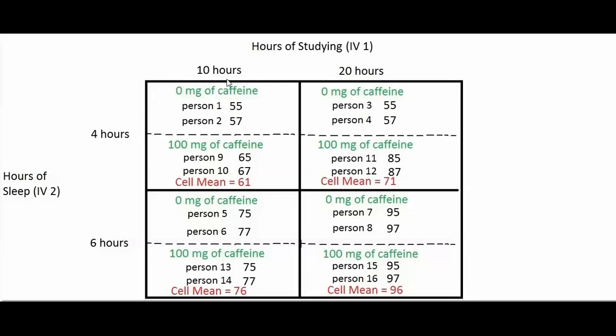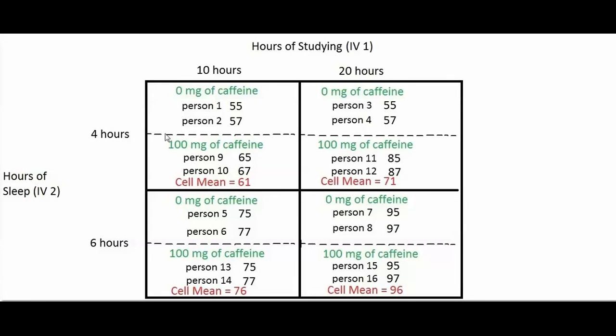So right here, in this cell, we have all 4 people who experienced 10 hours of studying and 4 hours of sleep. Here we have all 4 people who had 20 hours of studying and 4 hours of sleep. Here we have 4 people who were assigned to 10 hours and 6 hours. And here we have the 4 people who were assigned to 20 hours and 6 hours.